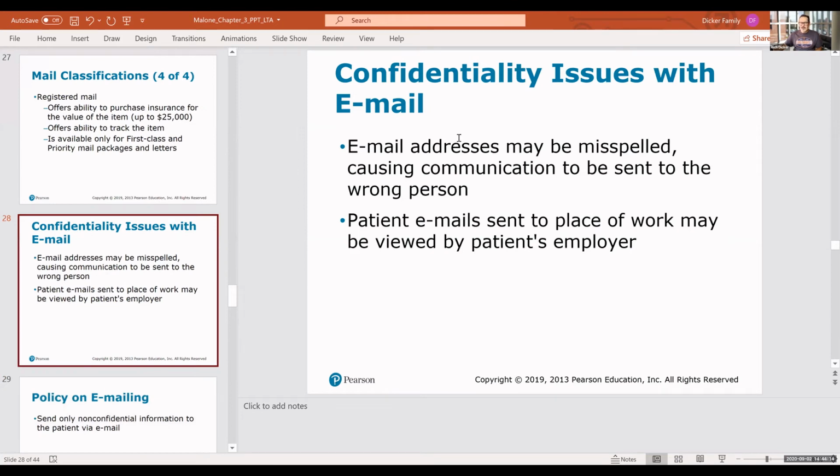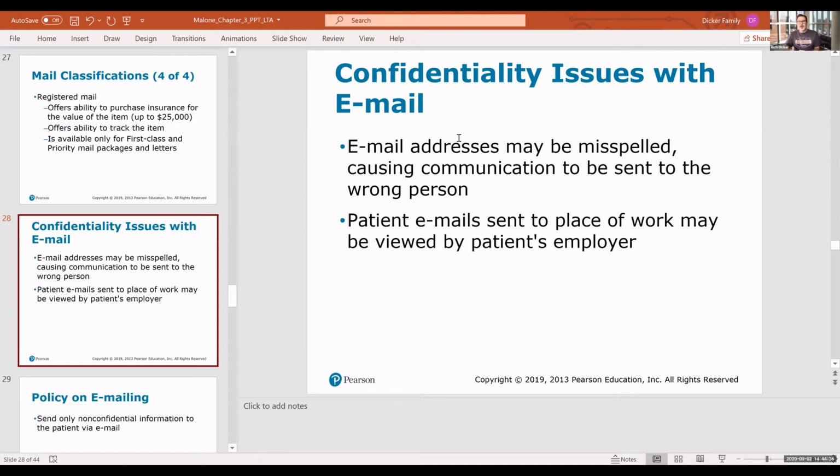Email, I'd like to talk about this too. Email is oftentimes not secure. It's not the safest way to send pertinent information to a patient. So what you'll find is a lot of practices, especially smaller ones, don't use email to convey messages to patients.